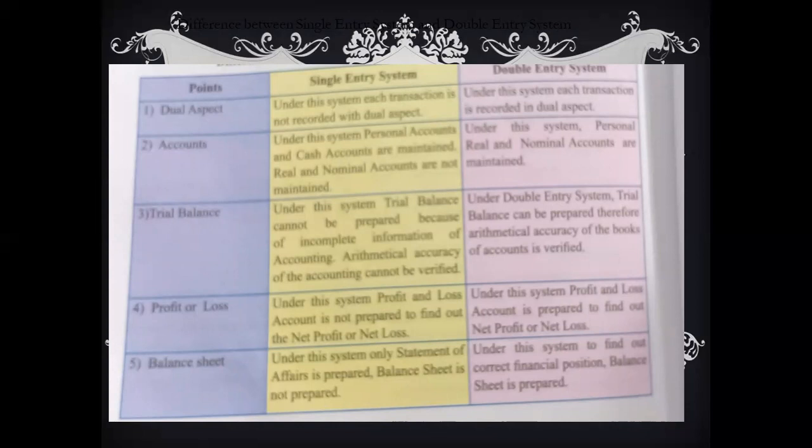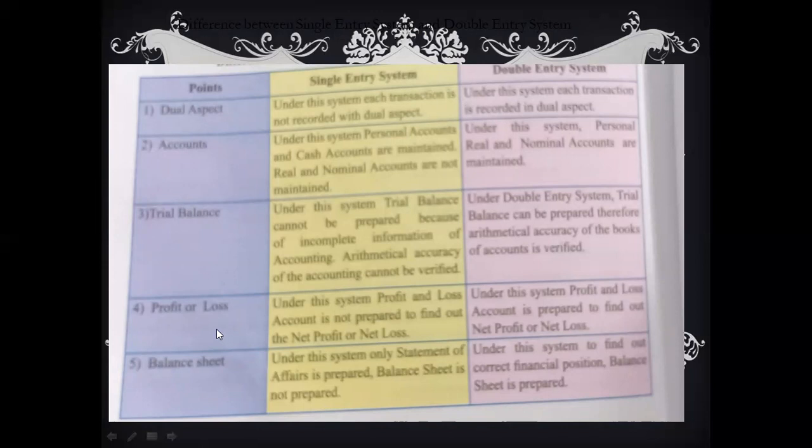Trial balance. Trial balance cannot be prepared under single entry system because of incomplete information of accounting. Arithmetical accuracy of the accounting cannot be verified. But in double entry system, trial balance can be prepared. Therefore, arithmetical accuracy of the books of accounts is verified.